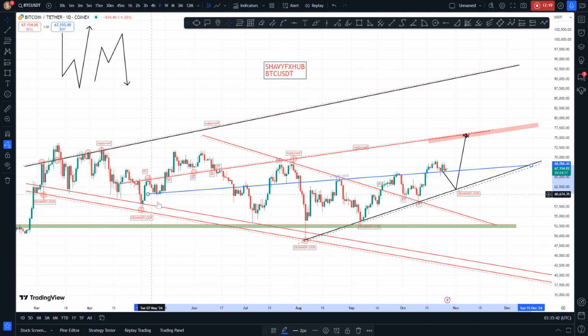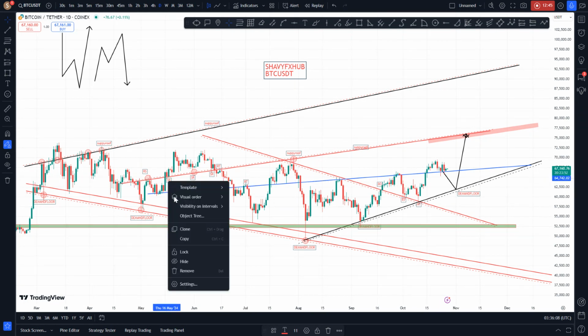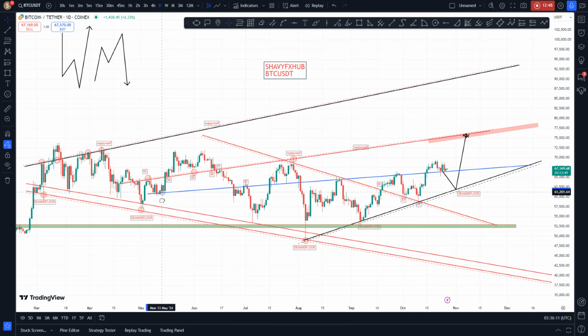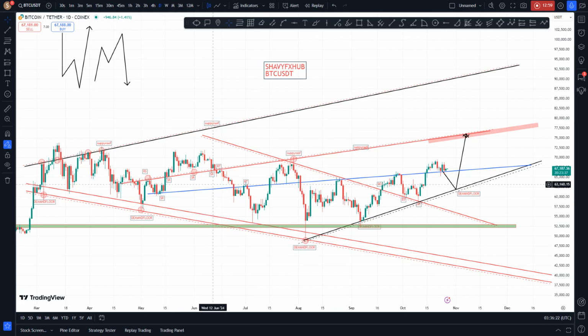We have here support structure, retest, break of a support structure, and we have here SR. This is SR, break of SR level, retest, and also ROS level.